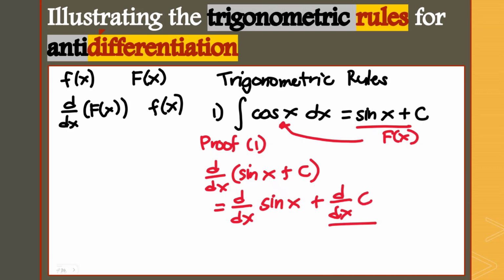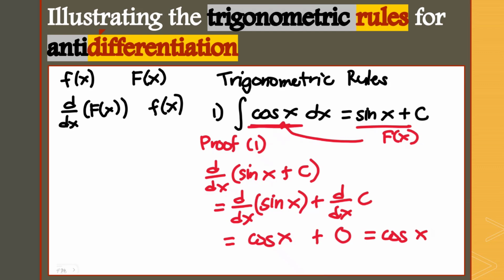Since c is a constant, that is equal to 0, and the derivative of sine x is cosine x. So cosine x plus 0 gives cosine x. It returned to the original function, so this trigonometric rule is true. Now, for the next 5, I'm not going to show you the proof. I'm just going to provide the additional rules, and you can try to prove them yourself: take the derivative of the result, and if it returns the function, then that rule is true.